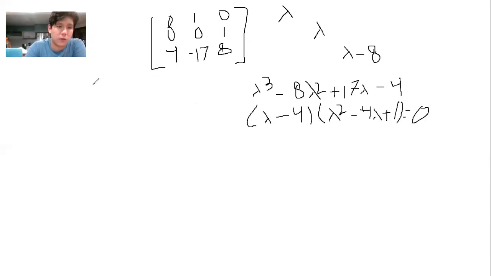So in this case, we have three eigenvalues: lambda equals 4, and lambda equals 2 plus square root of 3, and it will be as well, but with minus.